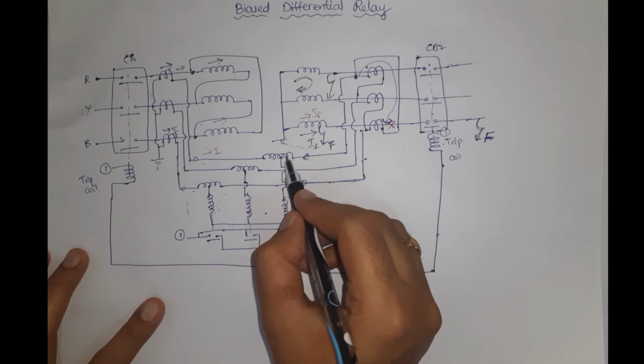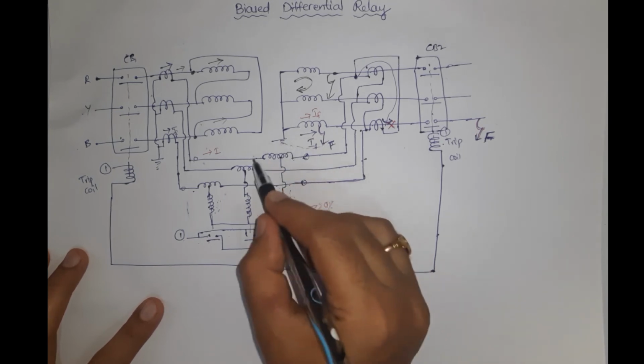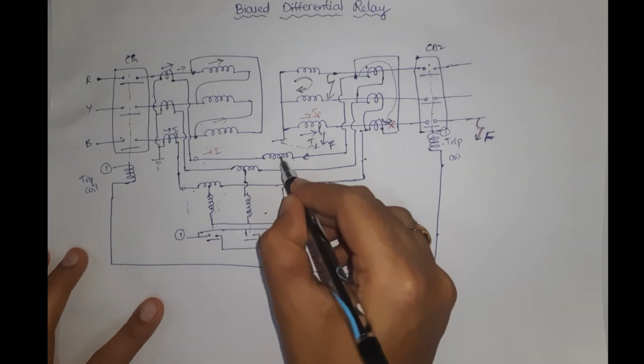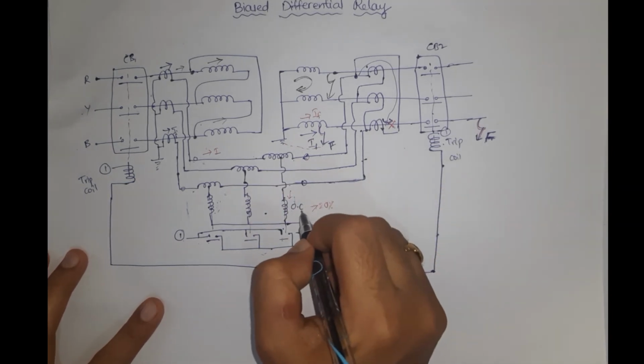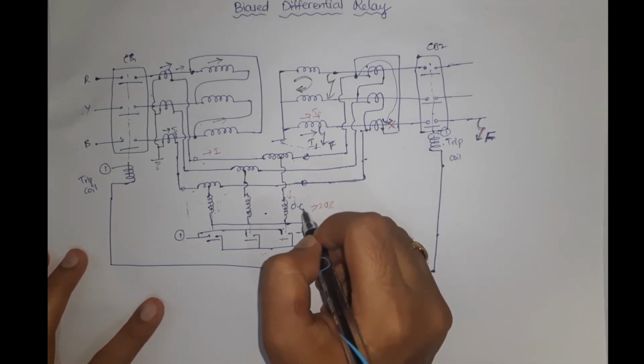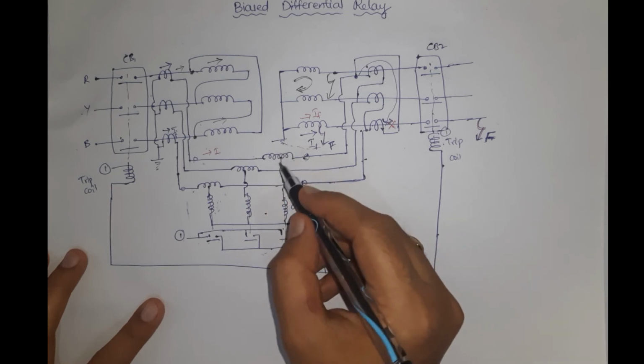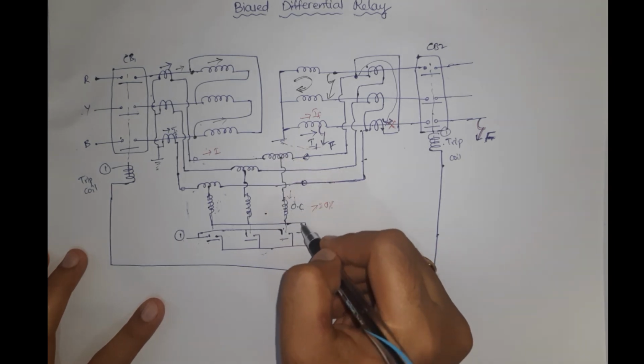But as the restraining torque is greater than the operating torque, the operating coil current there, at that position this operating coil does not operate.